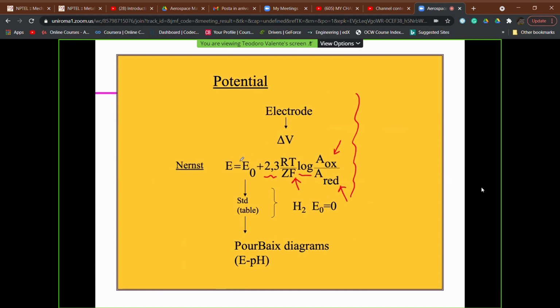This is the standard potential, which is reported in very well-known tables.